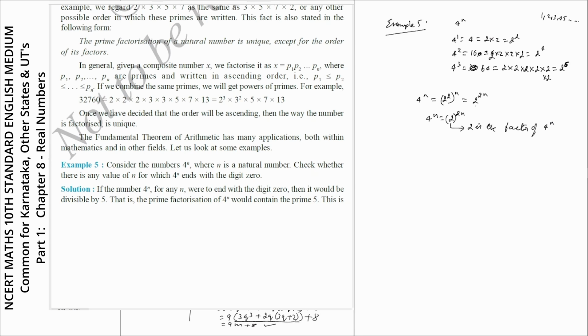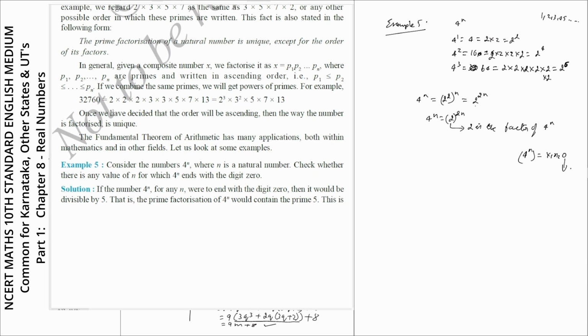But for some value of n there could be some number like x1 x2 with a 0. That's the question they are asking: is there a 0 for some value of n?